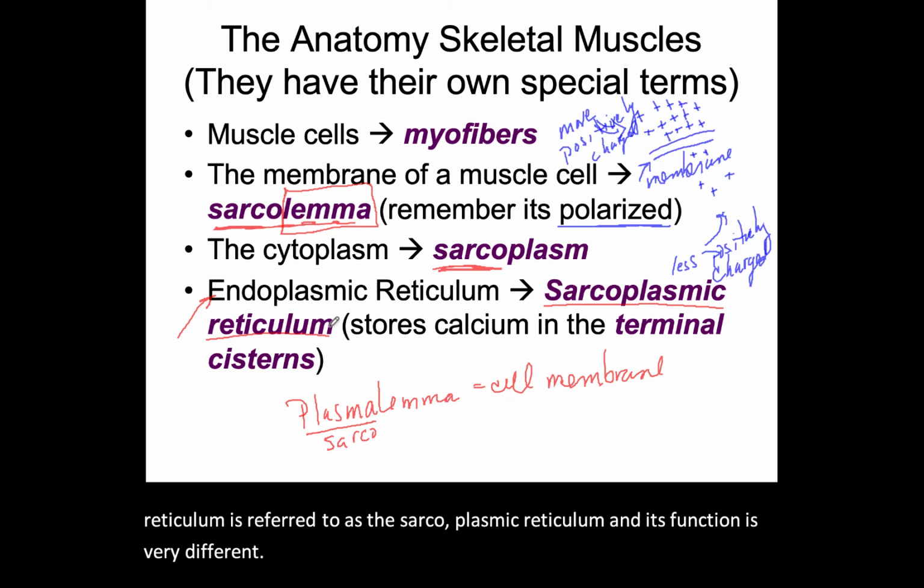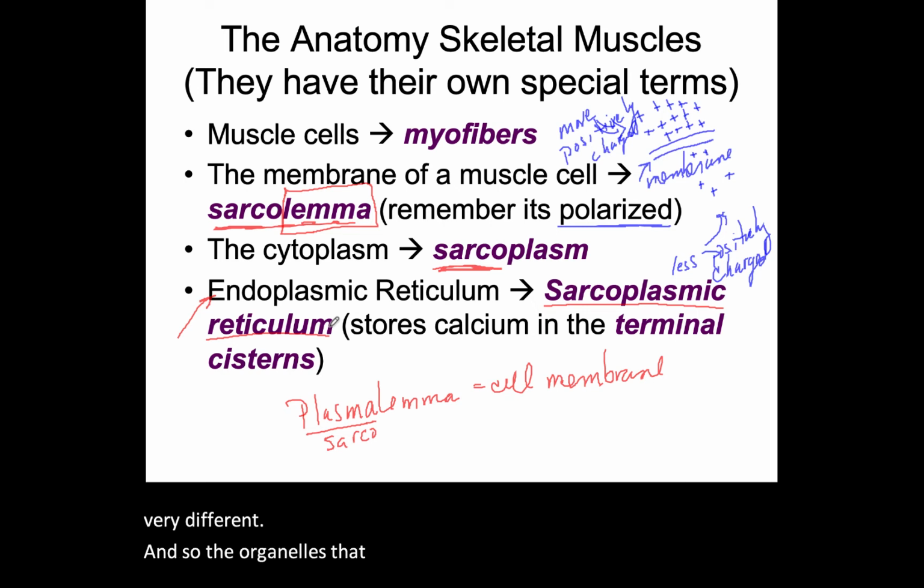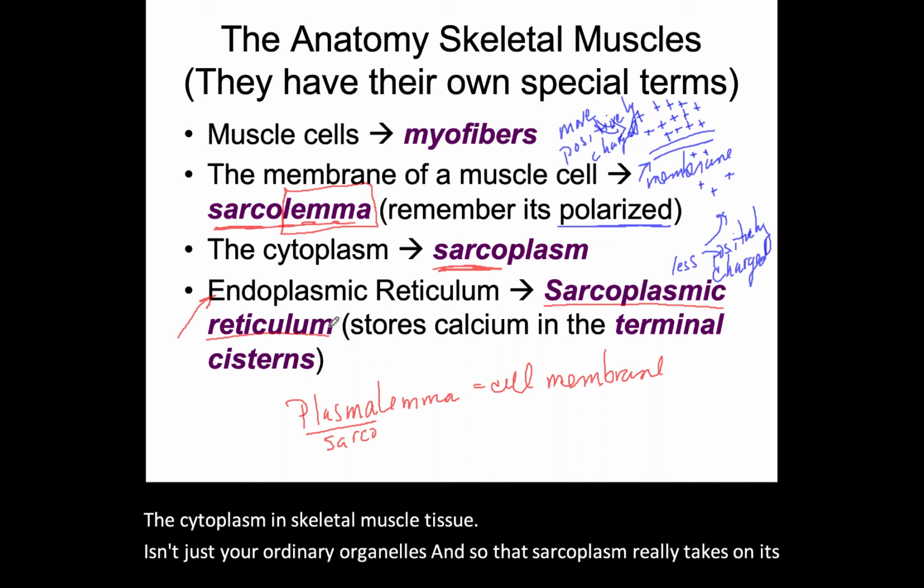And so the organelles that make up the cytoplasm in skeletal muscle tissue aren't just your ordinary organelles. And so that sarcoplasm really takes on its own characteristics.